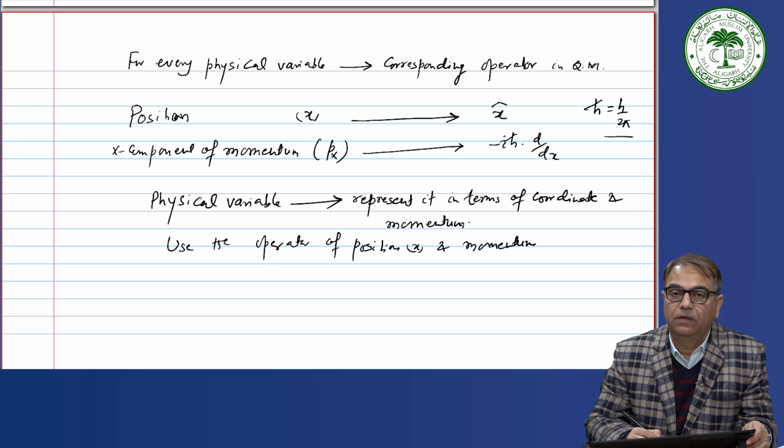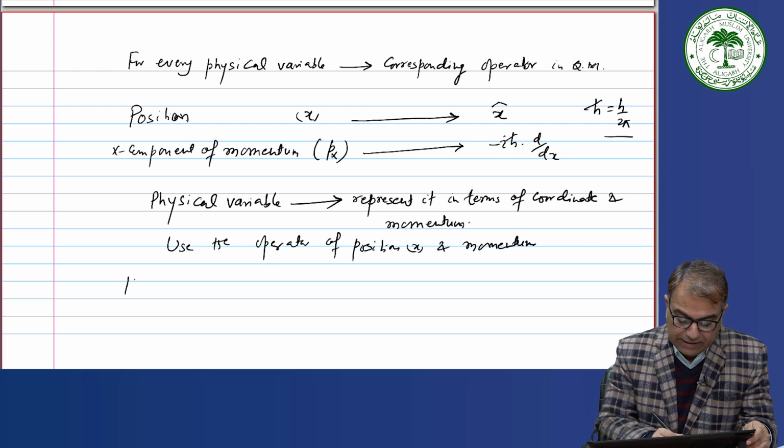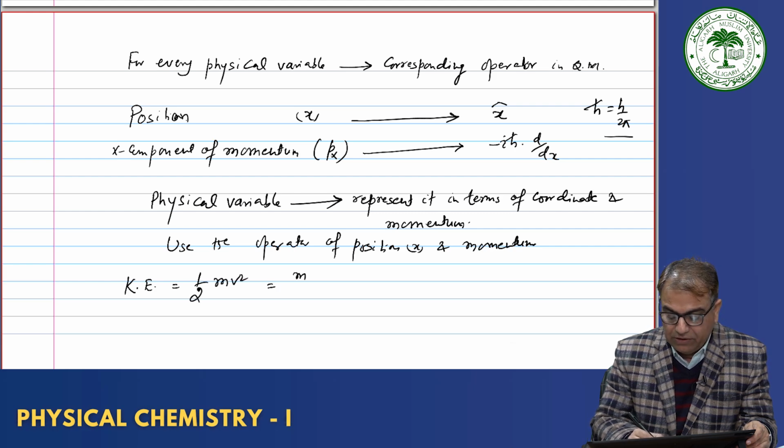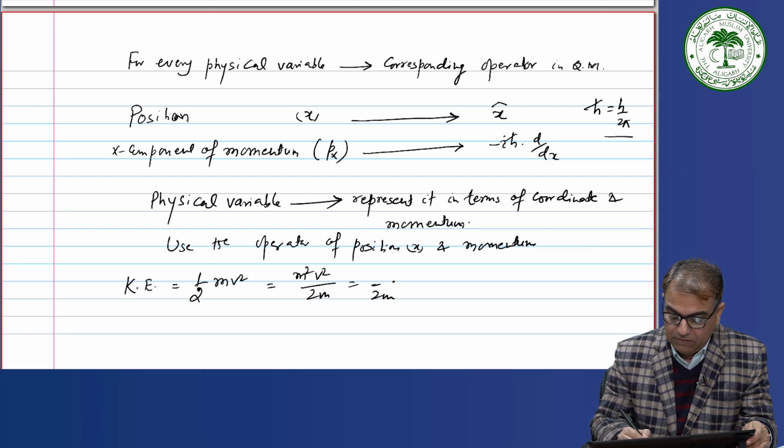Okay. So, for example, take kinetic energy. All of you know the kinetic energy classically is 1/2 mv square, which you can write as m square v square divided by 2m, which will be p square divided by 2m.